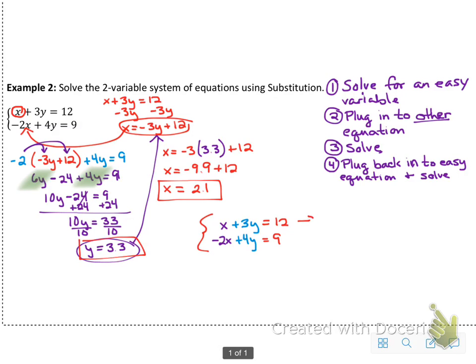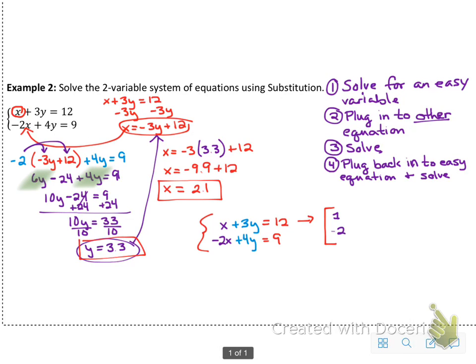And when we turn it into a matrix, we're going to have, for our x, right? X doesn't have a number out front, but you're not going to put the x. You're going to put the number that's imaginarily there, right? I'm assuming that that's a word. And it's going to be that 1, that implied 1. So we have a 1 here. And then the negative 2x has a negative 2. So a negative 2 goes there.